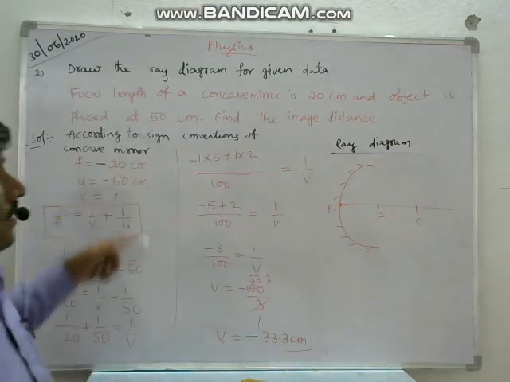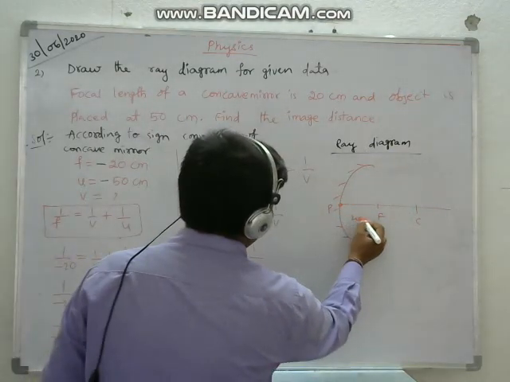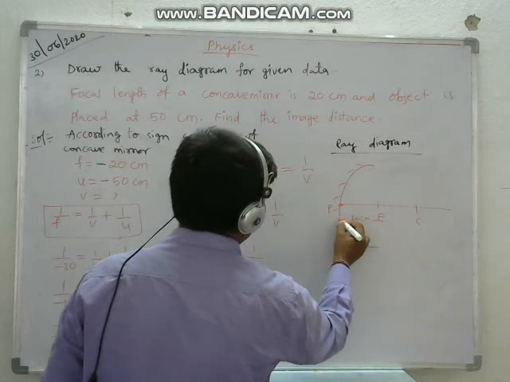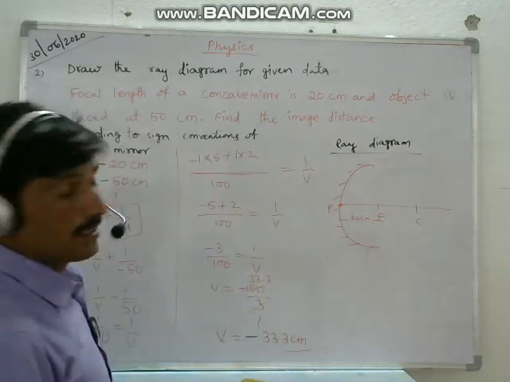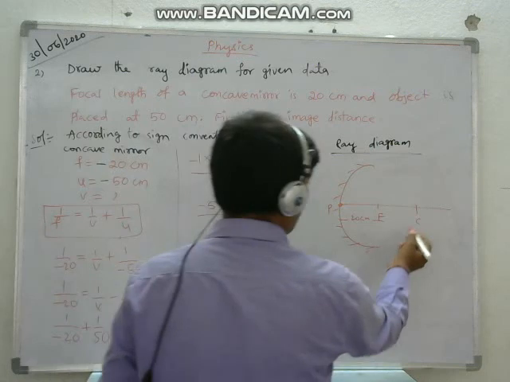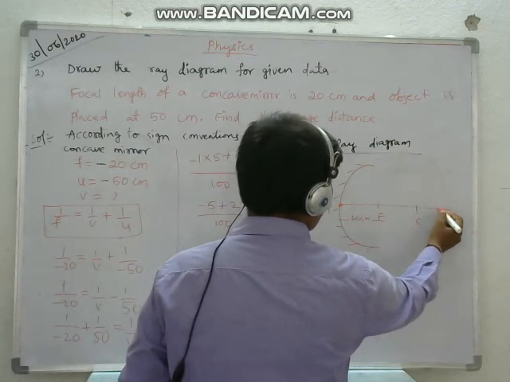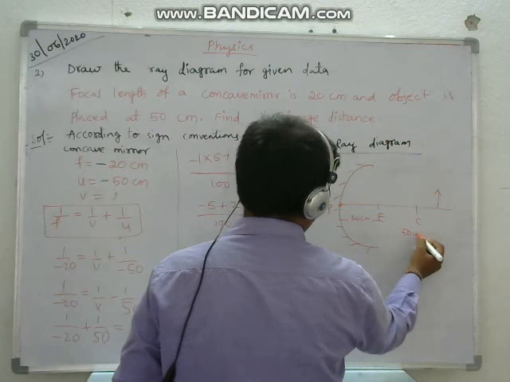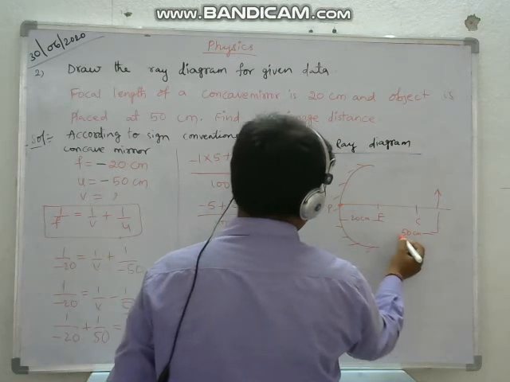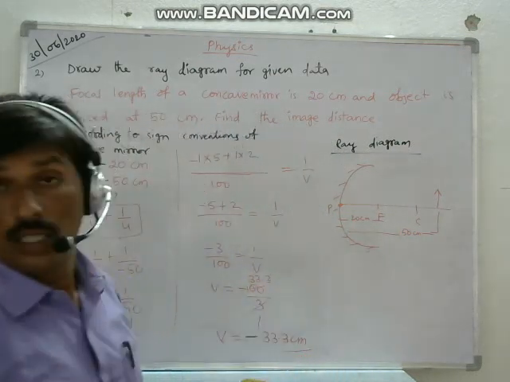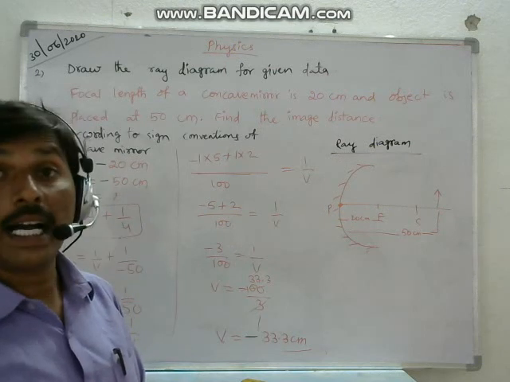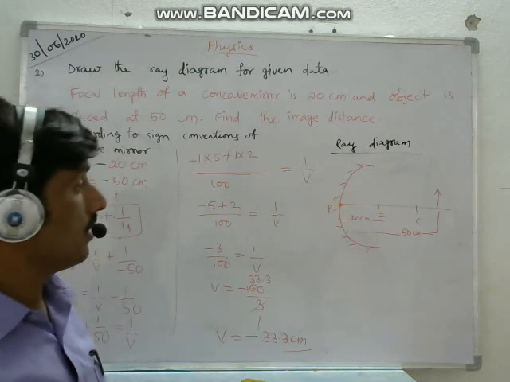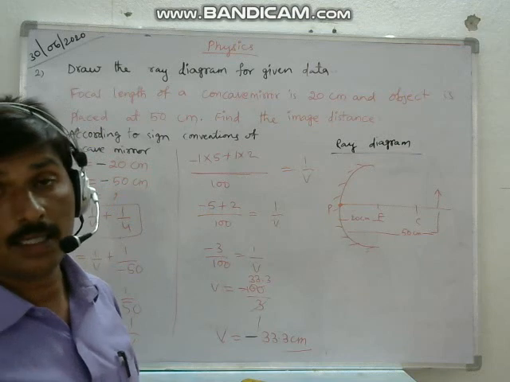The object is placed at 50 centimeter, which means up to here it is 40, then the object is placed somewhere here at 50 centimeter. So based on this, the object is behind C.